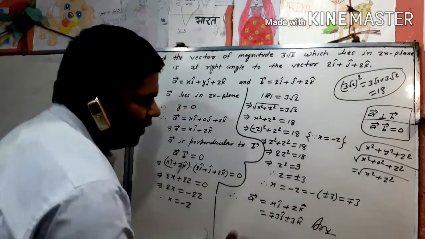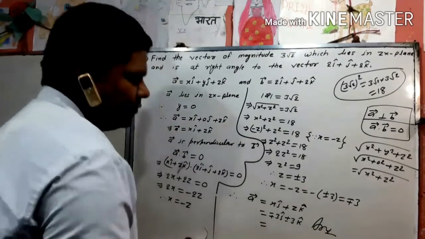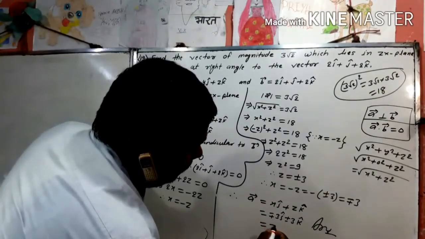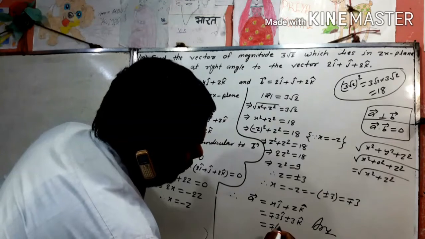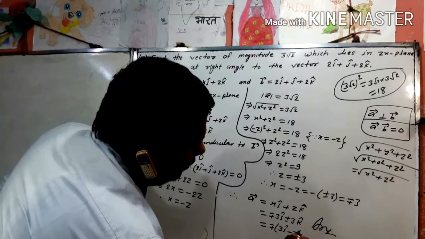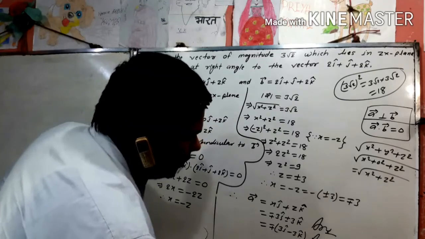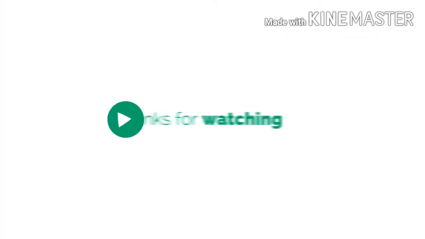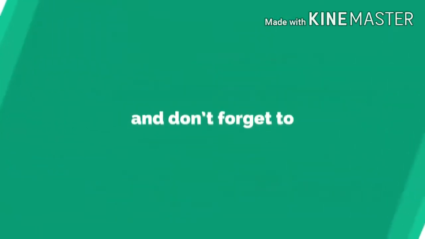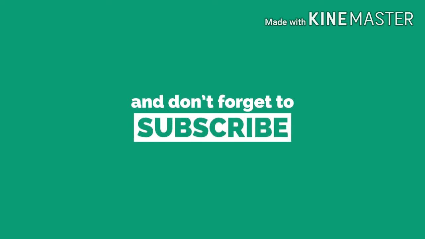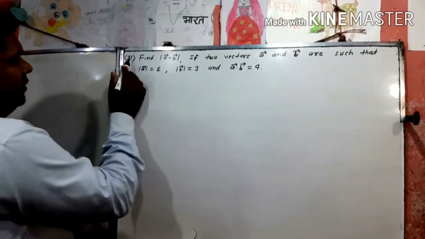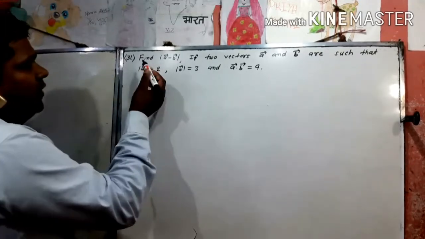This is our answer, and it may also be written as minus plus 3i cap minus 3k cap. This is also an answer, 3i minus 3k.